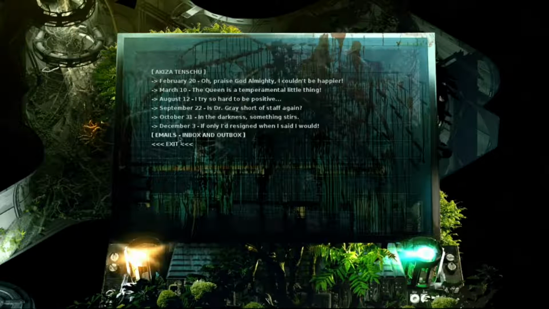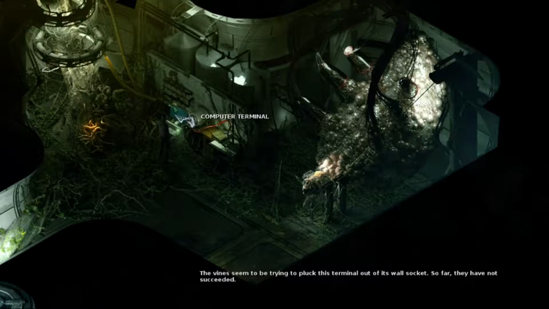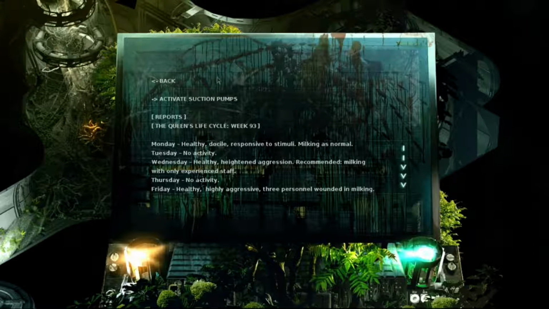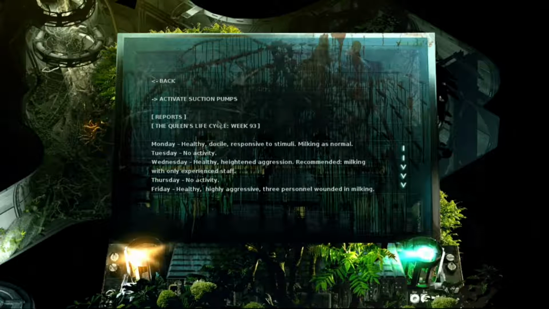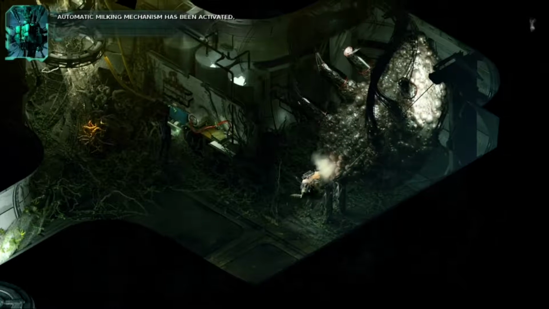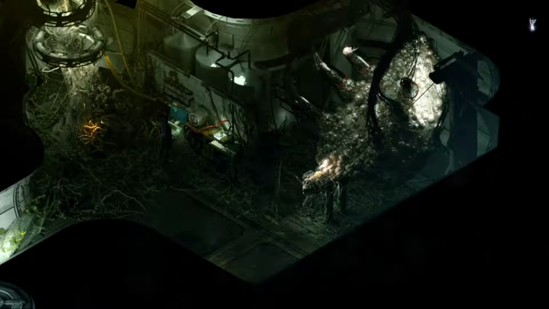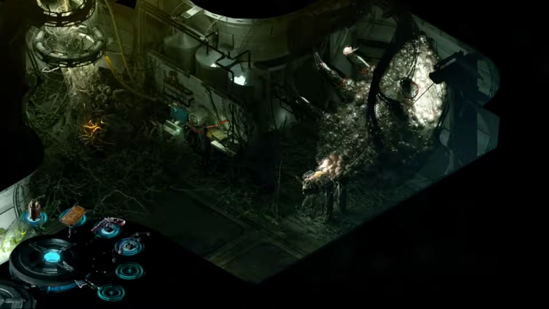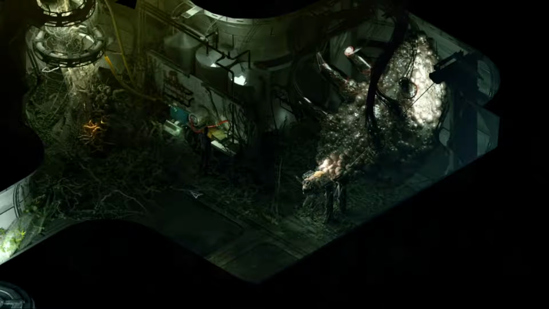These are the personal logs. Hydroponics queen chamber. Activate. So there is another one. What? No. So it's only one.